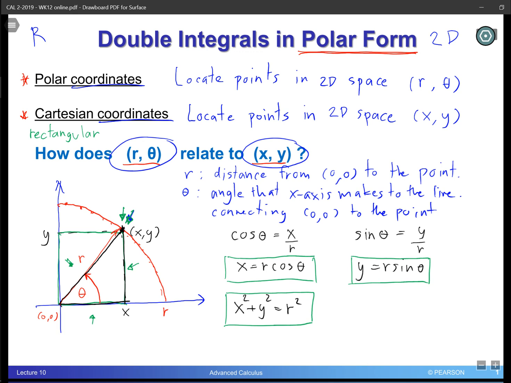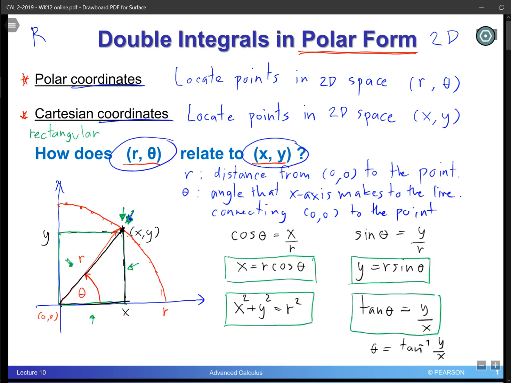And we have this tan theta. Tan theta equal to opposite side divided by closed side, that is y over x. And you can say that, hey, this is theta equal to arctan y over x. So let's put the boxes around this one too.